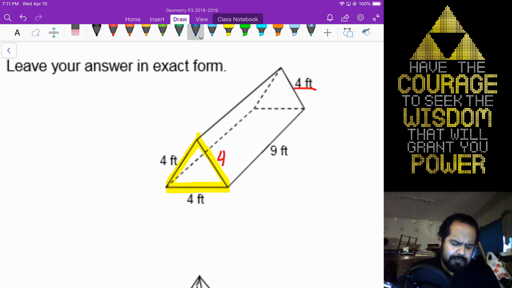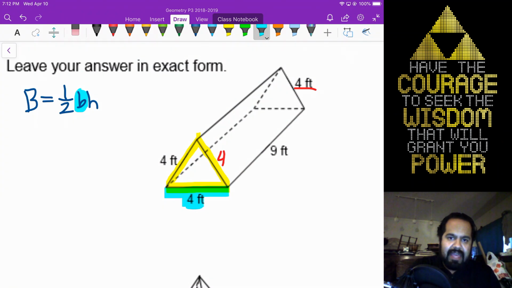Okay. So my base is a triangle. So I should aim to use my 1/2 base times height. Well, this base is going to be this length here. My height is going to be the extension going straight up and down from the base.